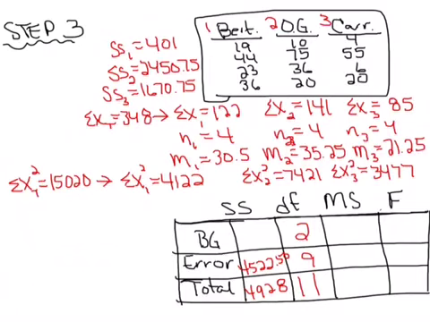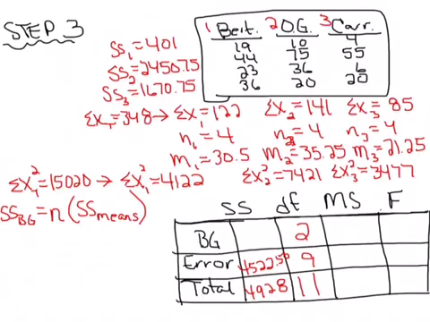Okay. To calculate the sums of squares between groups, we basically are going to need our sample size and a sums of squares means. We know our sample size is 4 in each group. It's saying we have 4 people in each of the groups.